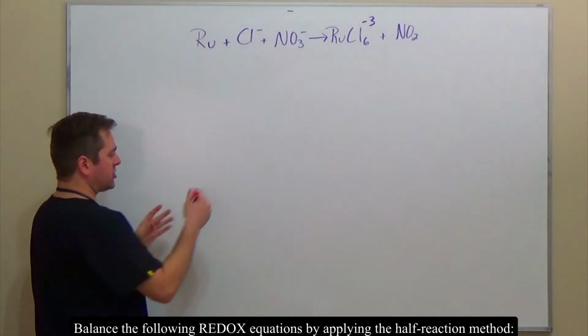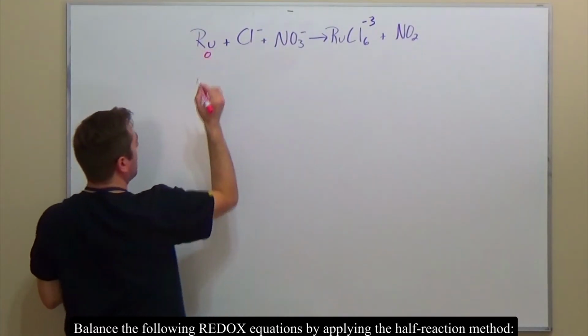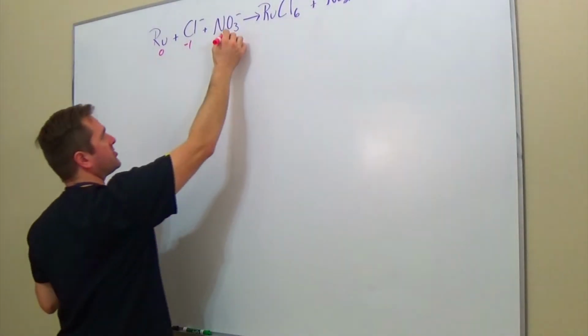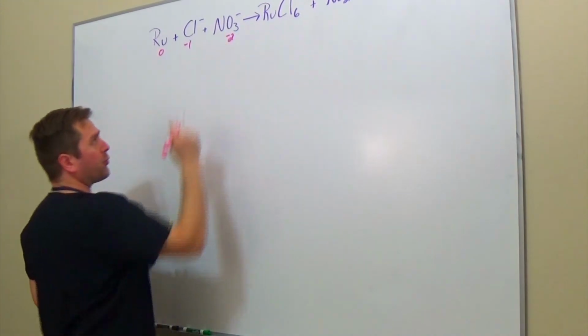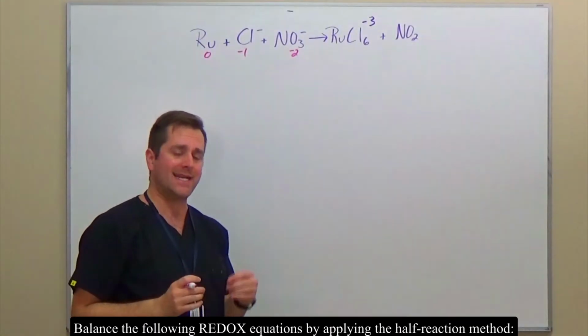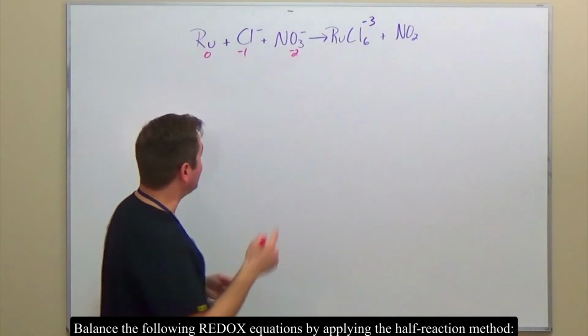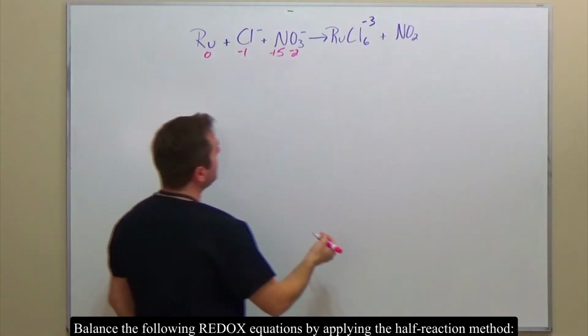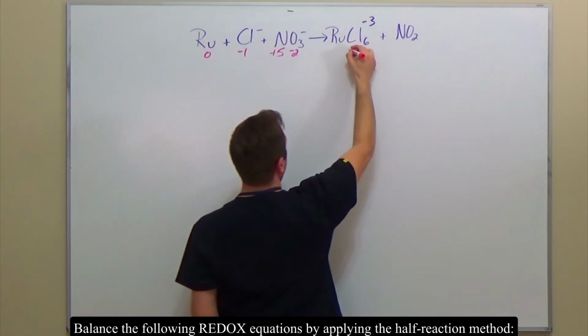Now, since ruthenium is just elemental, it's 0. Okay, the chloride -1. This oxygen, -2, there are 3 of them, so an overall -6 charge. The nitrate ion has a net of -1, so this nitrogen must be a +5. All right? What's going on over here? The chlorines are -1.